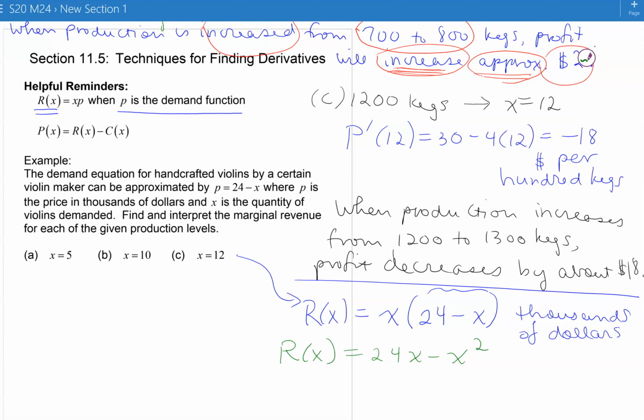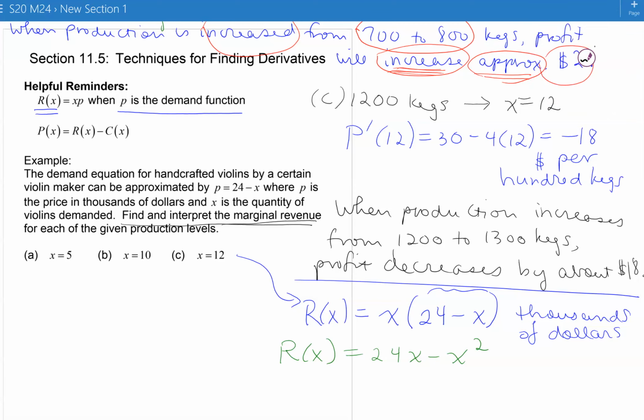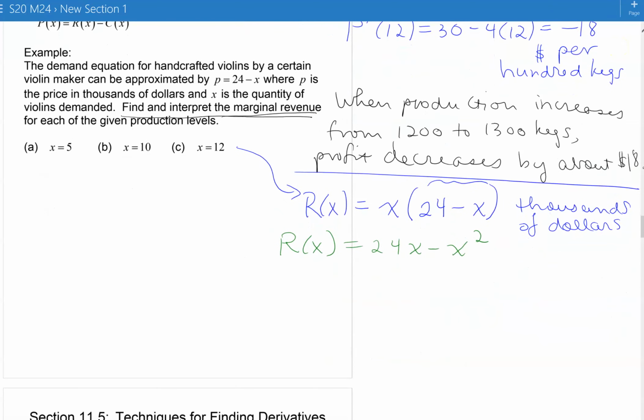Label, label, label everything. Because they want us to find and interpret the marginal revenue. So I should find the derivative of the revenue. So r prime of x is the derivative of 24x minus the derivative of x squared. So that's going to be 24 minus 2x. That's our derivative function.